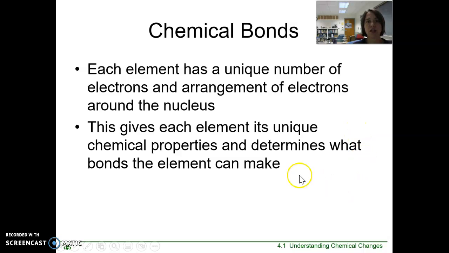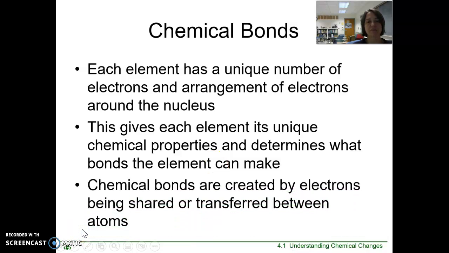So the electron is the name of the game for the element's properties and what chemical reactions or molecules that element can form. A chemical bond is when electrons are either shared or transferred between two different atoms. So donated, accepted, or shared.